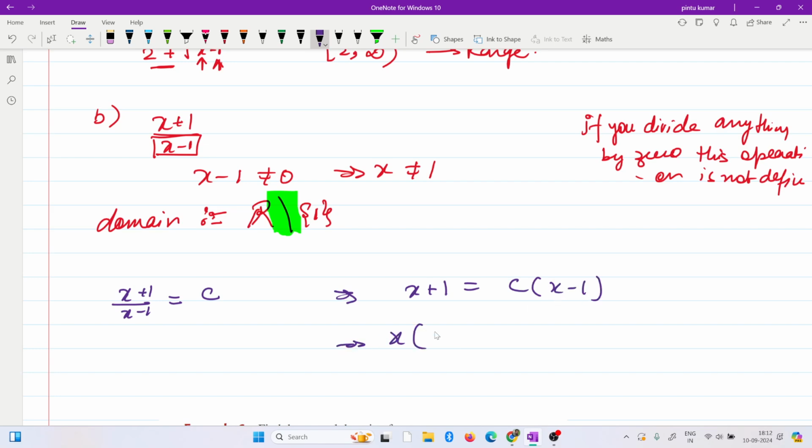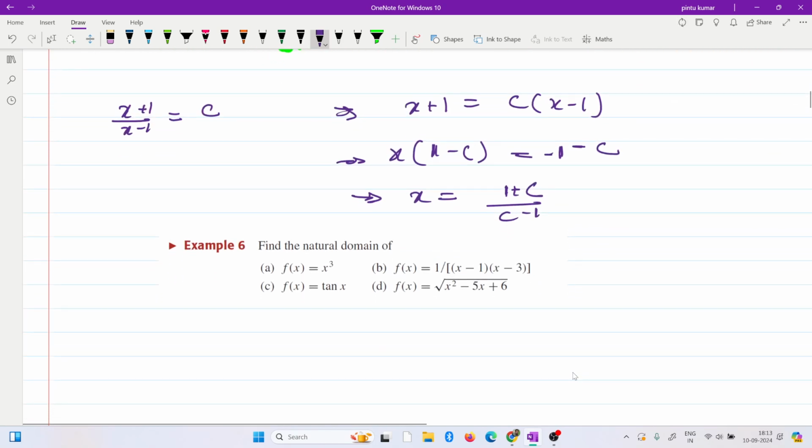This would give us x(1 minus c) is equal to minus 1 minus c, right? So this would give us x is equal to (1 plus c) divided by (c minus 1), right? So if you want a value c, you pick this particular x, then your function will return this value.